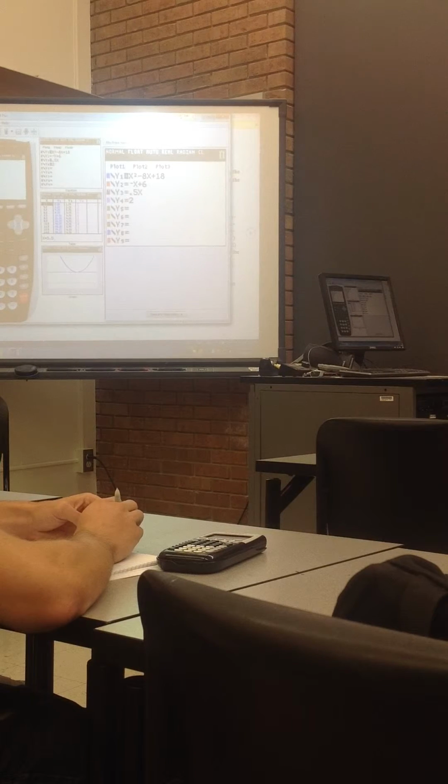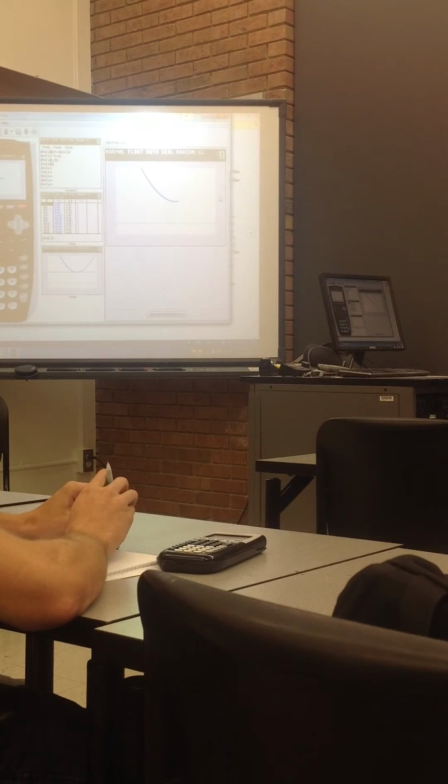But you can turn functions off and on by moving with the arrows on top of the equal signs, and then you hit enter, and if it's on, it'll turn it off. If it was off, it'll turn it on. So without deleting these, I've turned them off, so it should only graph the function. That's something you might find helpful.